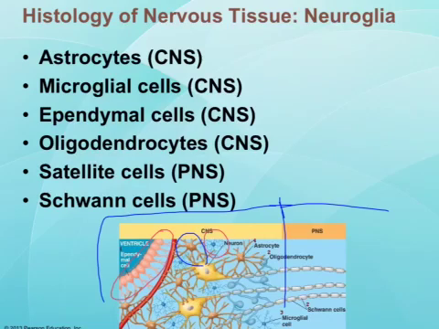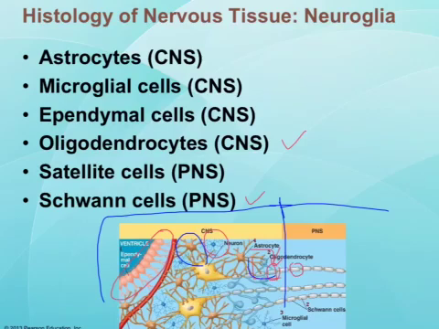That's ependymal. The oligodendrocyte and the Schwann cell, this one and this one, make the myelin sheath. So you need to look for the axon and look for those small segments here. This is the oligodendrocyte, well, only part of it. The whole oligodendrocyte is this structure here.